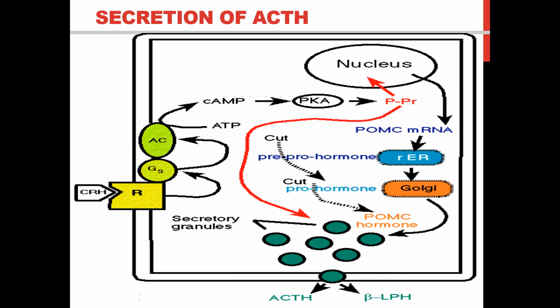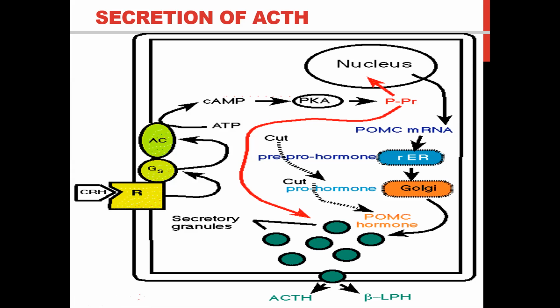The adenylate cyclase is stimulated, and this leads to the rise of cyclic adenosine monophosphate in the cell. The cAMP will in turn activate protein kinase A, which would then phosphorylate the proteins involved in stimulating ACTH secretion, and also the expression of the POMC gene, the proopiomelanocortin gene.